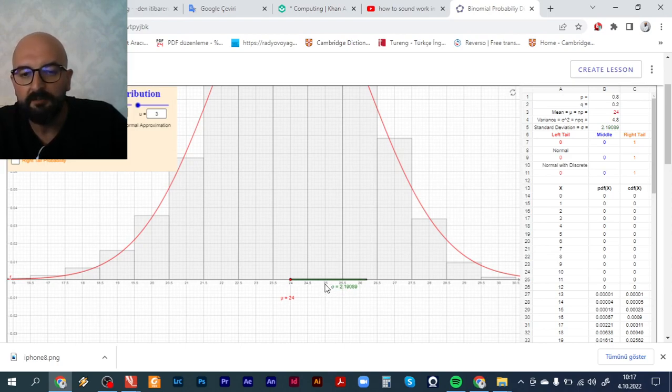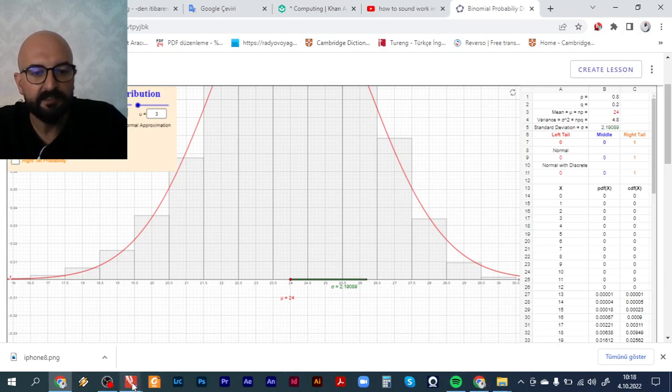If I compute from this point, I will be incorrect, but if I compute from these points, I will be correct.